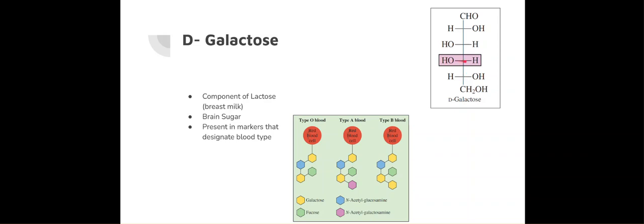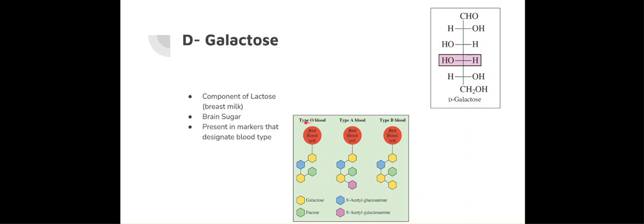I'm not sure why this is highlighted. So this is D-galactose. D-galactose is a component of lactose, which is in breast milk. It is also a sugar that powers the brain. It's used in processes in your brain. It's also present in markers that designate blood type.